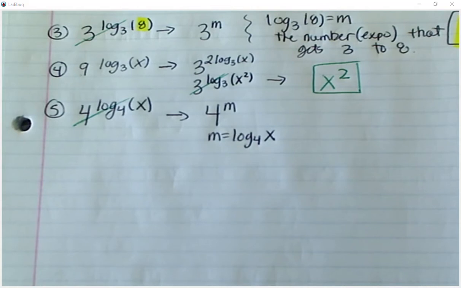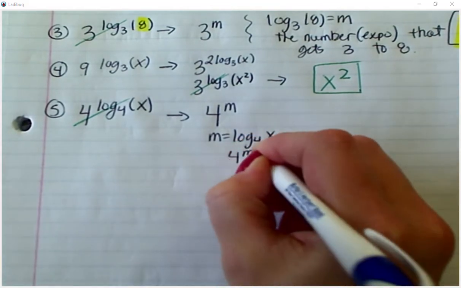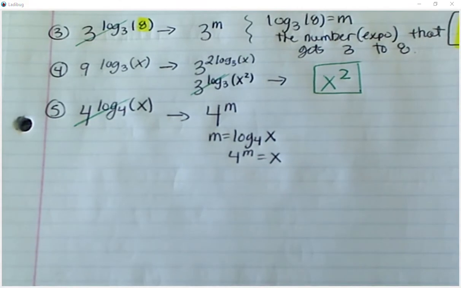I don't know what it is, but let's rewrite it. 4 to the M equals x. M is the exponent that gets you from base 4 to x. M is the exponent needed to get you from 4 to x. What is 4 to the M equal to? X.